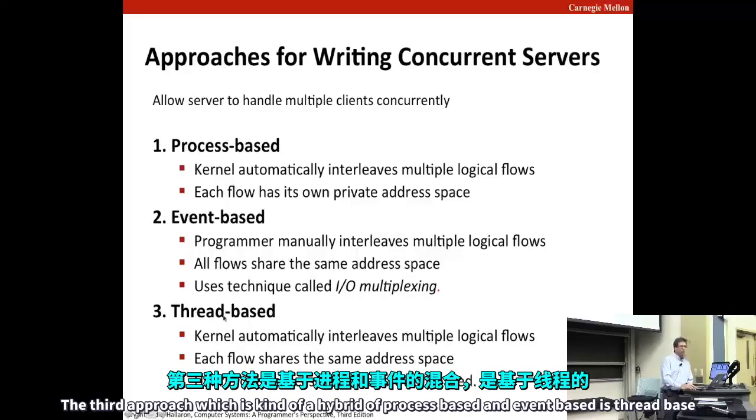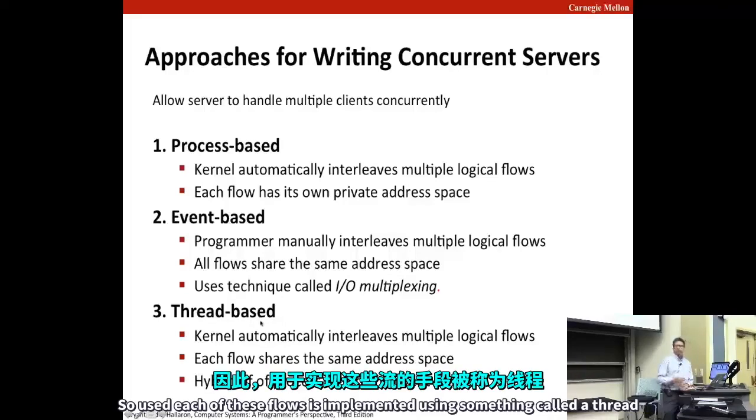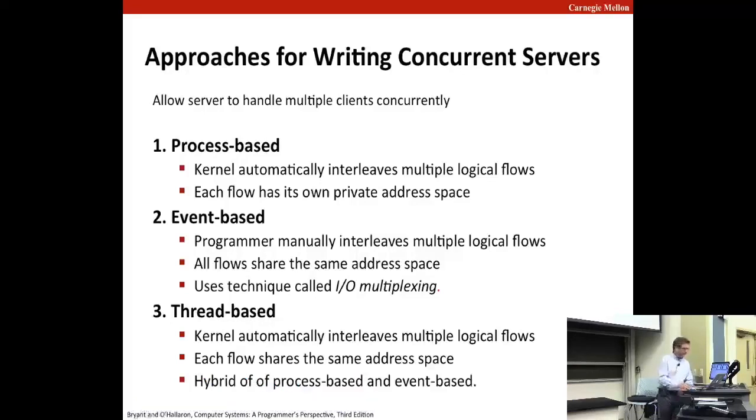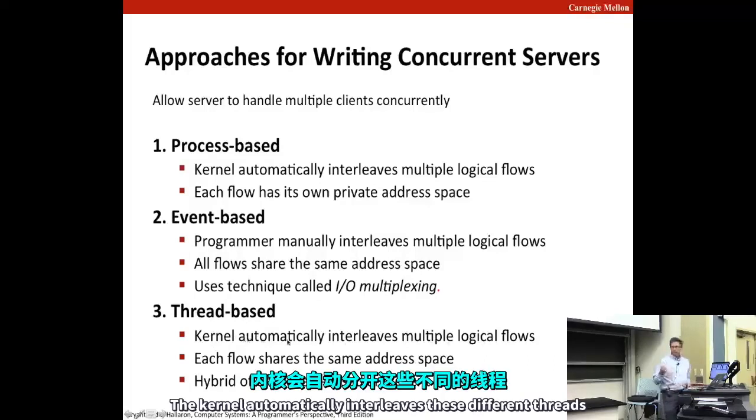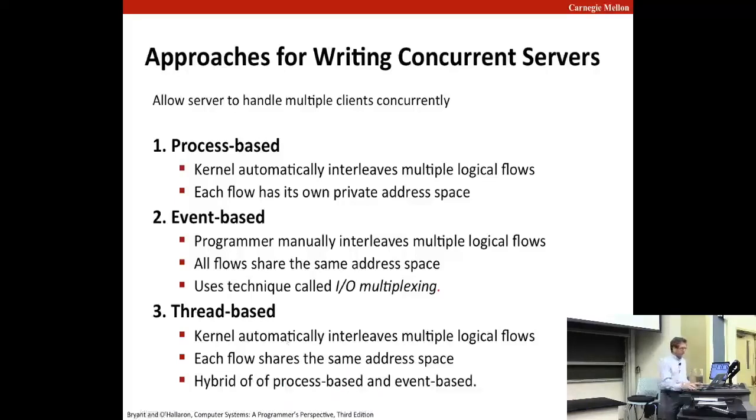The third approach, which is kind of a hybrid of process-based and event-based, is thread-based. Each of these flows is implemented using something called a thread. Like processes, the kernel automatically interleaves these different threads.